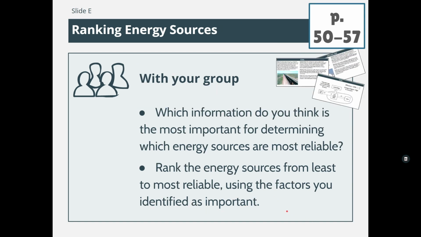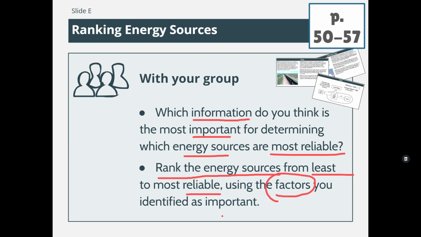Once you have done that, we're going to ask you to also think about what information you think is the most important for determining which sources of energy are the most reliable. And then you will rank these energy sources from the least to the most reliable using whatever factors you think are important with your group.